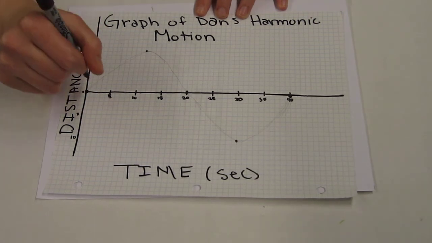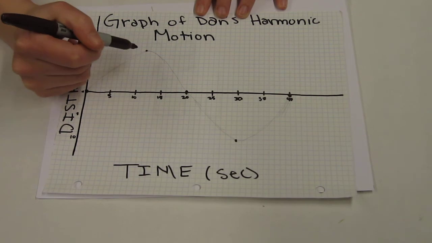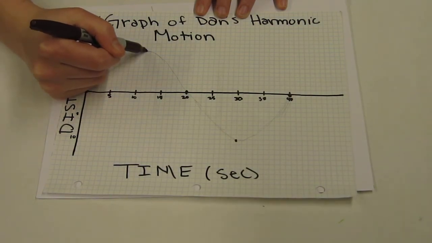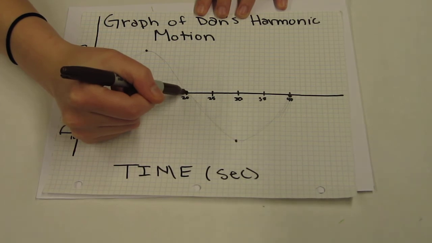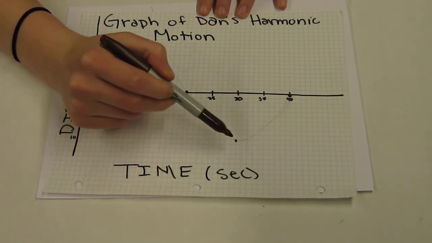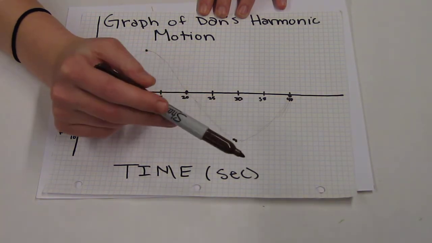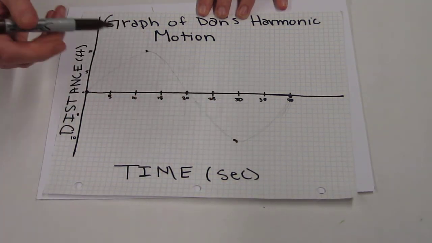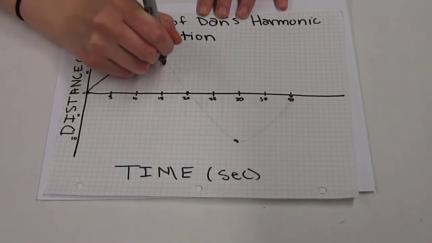We find that after 10 seconds, the ball reaches a maximum of 10 feet from equilibrium. 10 seconds later, it is back at equilibrium. 10 seconds after that, the ball swings 10 feet in the other direction. Because this is a sinusoidal motion, it can be assumed that this graph continues in this pattern.